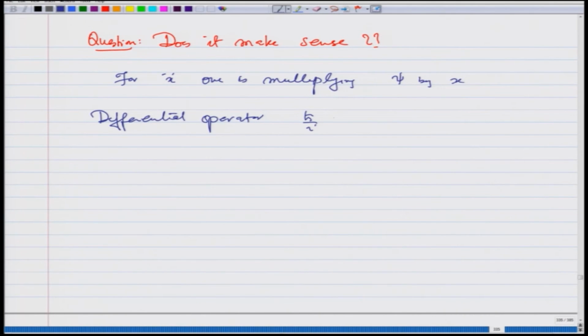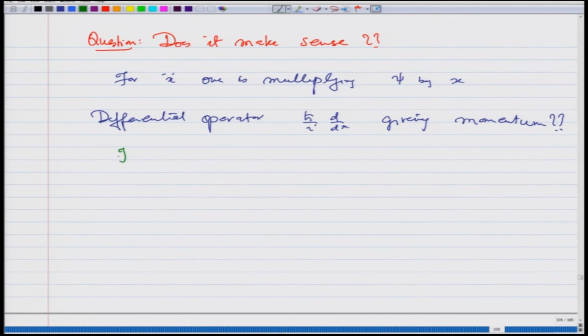h cross over i d by dx giving momentum, that looks a little odd, but let us see if it makes sense.